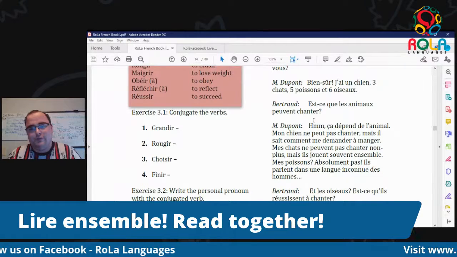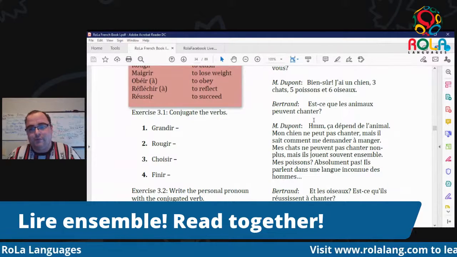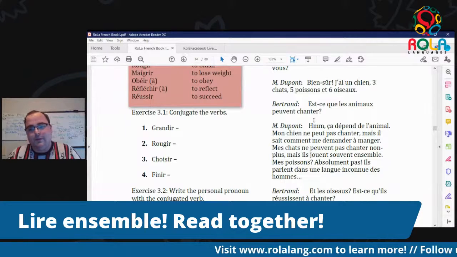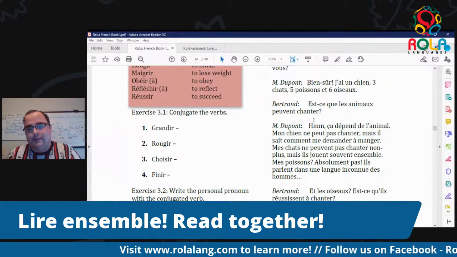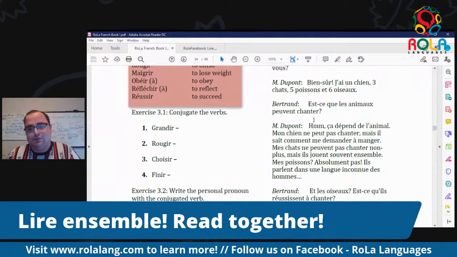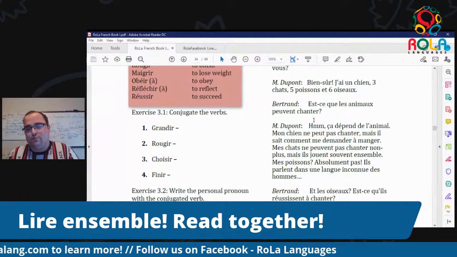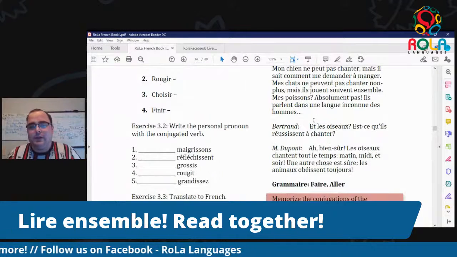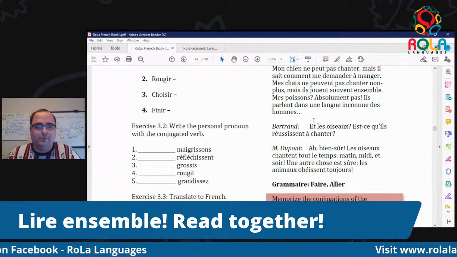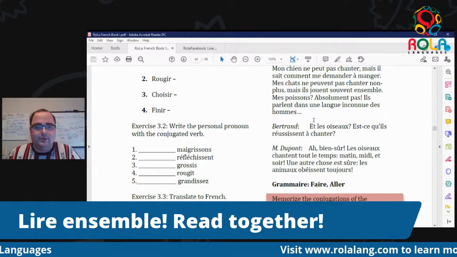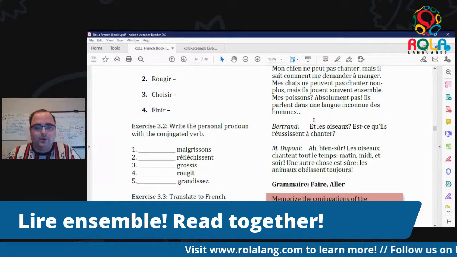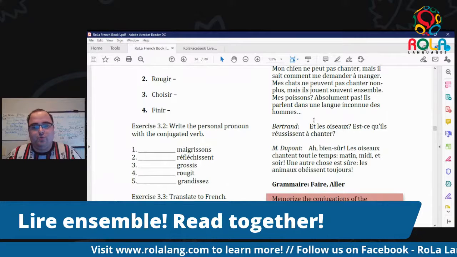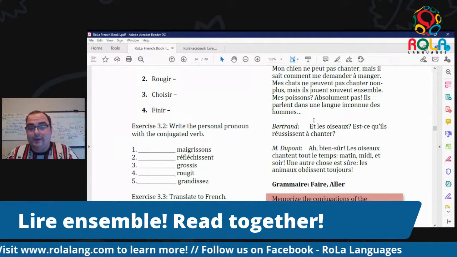Ils parlent dans une langue inconnue des hommes. Bertrand: Et les oiseaux, est-ce qu'ils réussissent à chanter? Monsieur Dupont: Ah, bien sûr. Les oiseaux chantent tout le temps, matin, midi et soir. Une autre chose est sûre. Les animaux obéissent toujours.